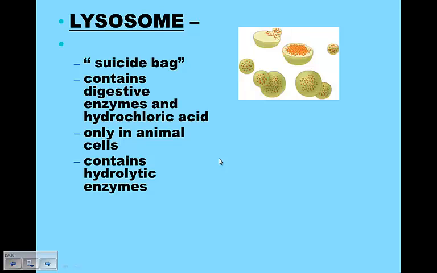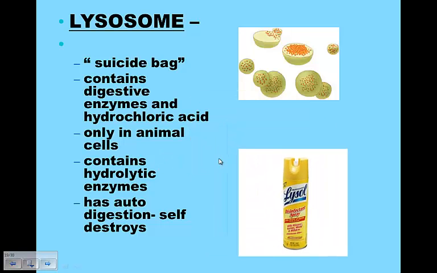It has auto-digestion and self-destroys.